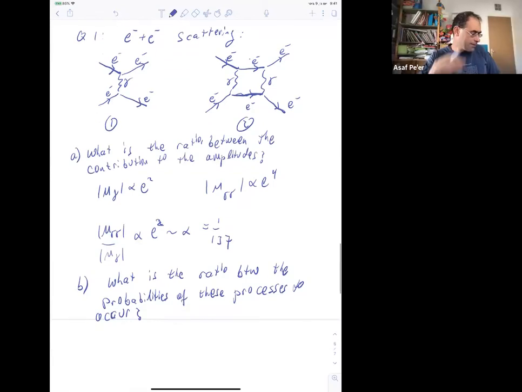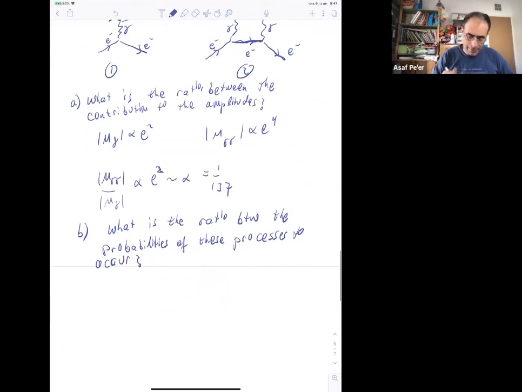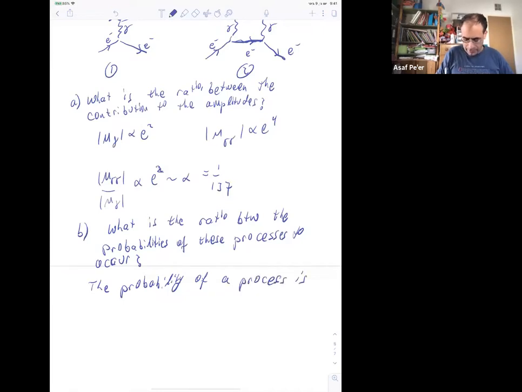So the probability of a process is proportional to the square of the amplitude.